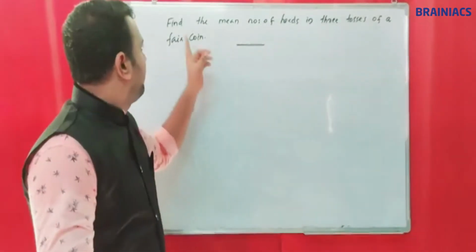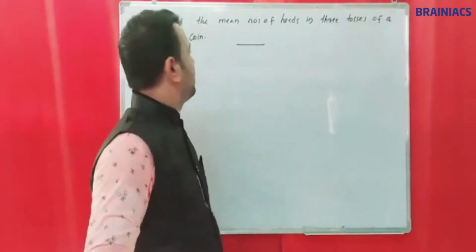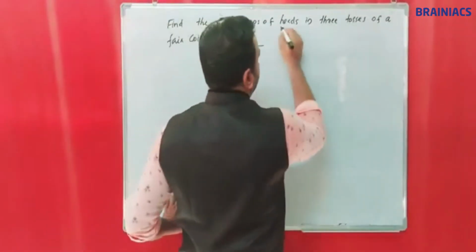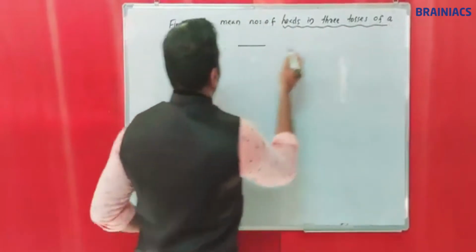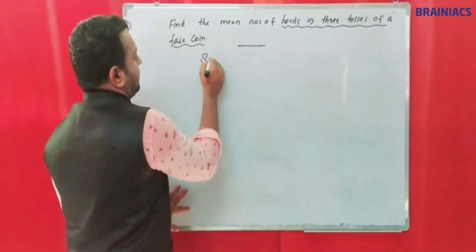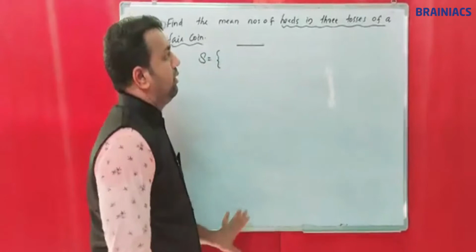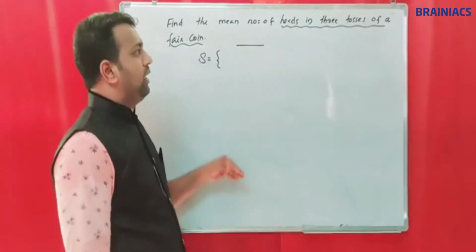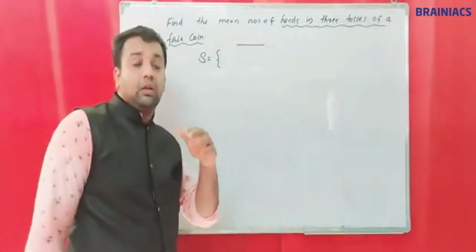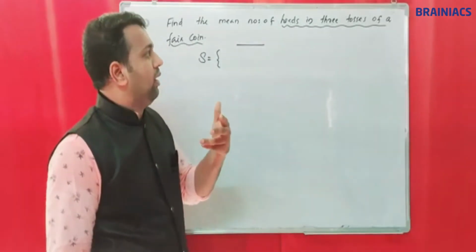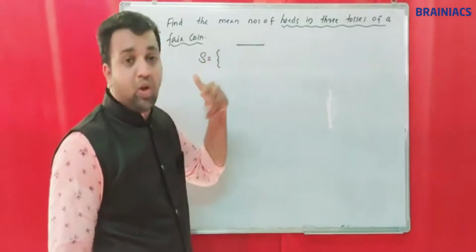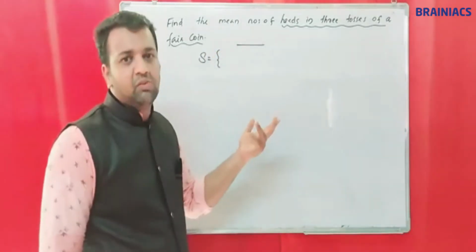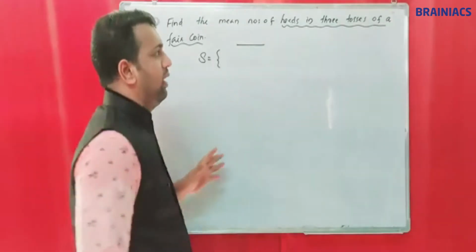Okay, next question is: find the mean number of heads in 3 tosses of a fair coin. Mean number. So at first we have to find out the sample space of tossing 3 coins. A coin is thrown 3 times, or thrice.